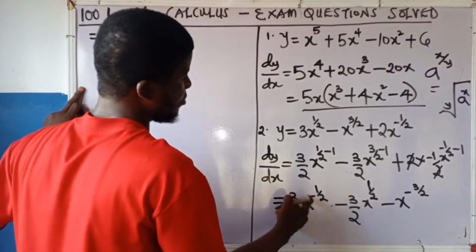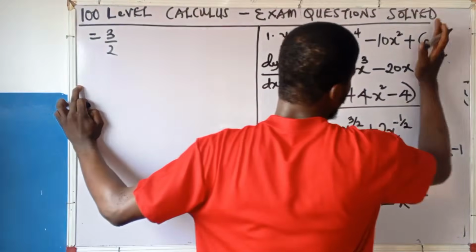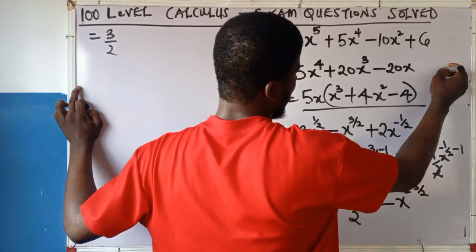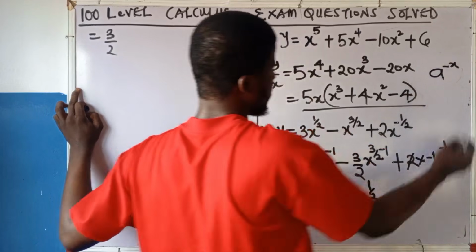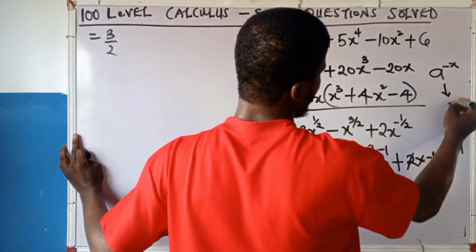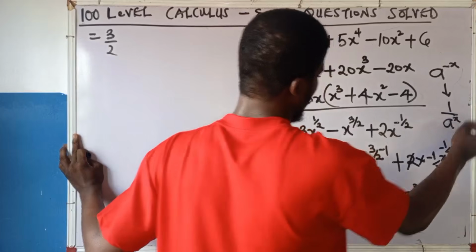Since this one is negative, by the law of indices also, if I have a number, let's say I have a raised to the power minus x, to eliminate the negative sign, I'm going to get 1 over a raised to the power x.